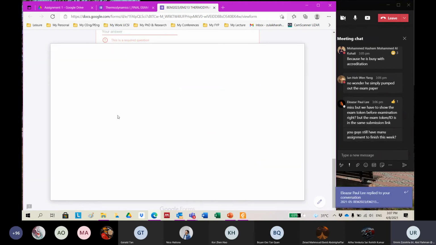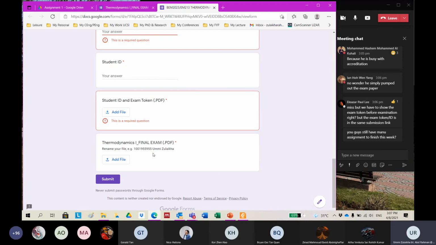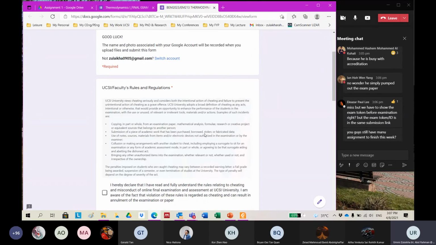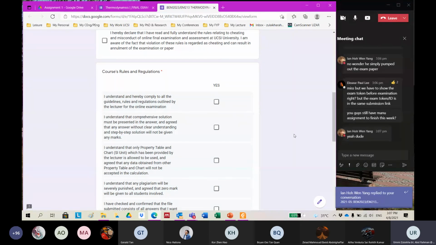Only one file is allowed, in PDF form. Finally, for thermodynamics, this is where you upload your final exam answer. So only 2 PDFs are required in the submission. The declaration part is here. I won't ask you to sign any declaration beforehand, no need. Everything is in one submission.